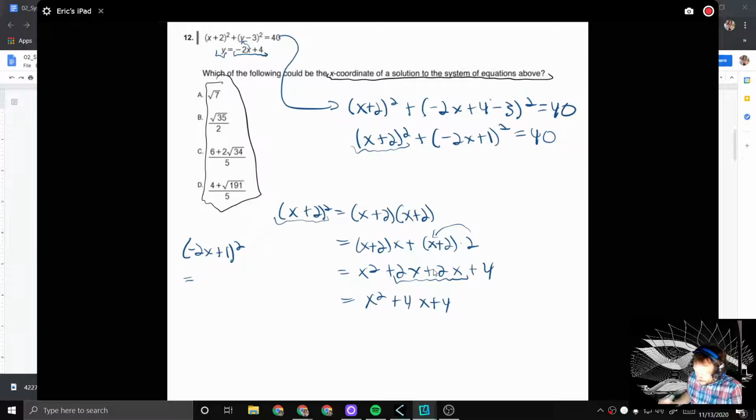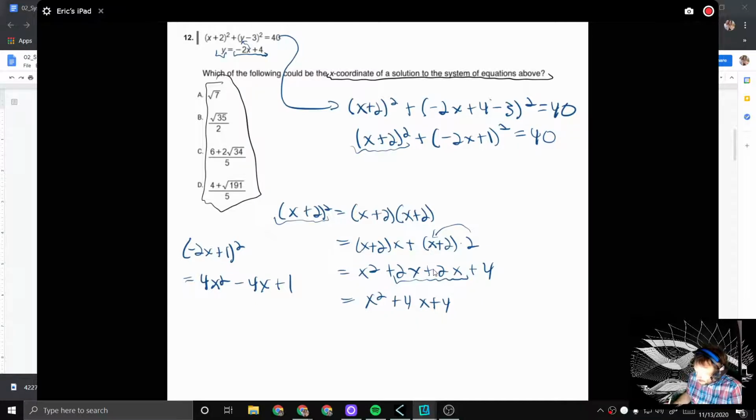I know I'm going to square the first term, 4x squared. I'm going to multiply them together and get negative 2x, but I'm going to do that twice, negative 4x, and I'm going to square the last term. Much faster, same result.